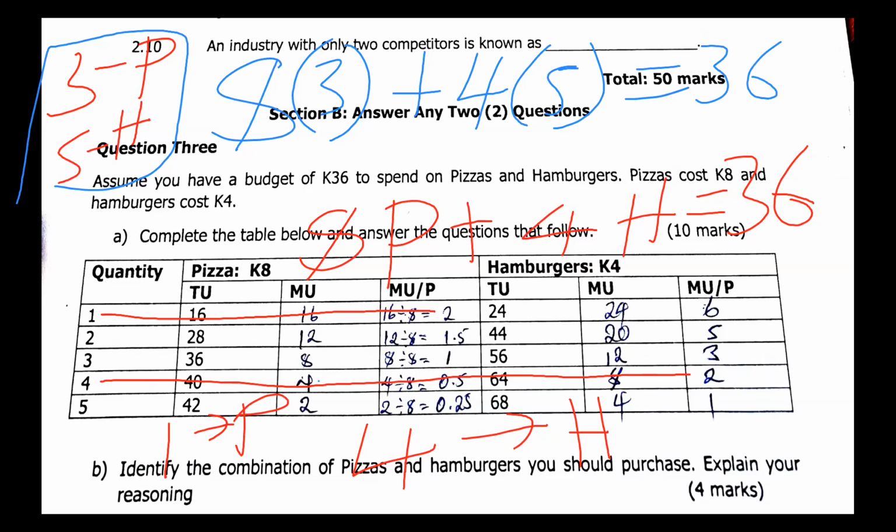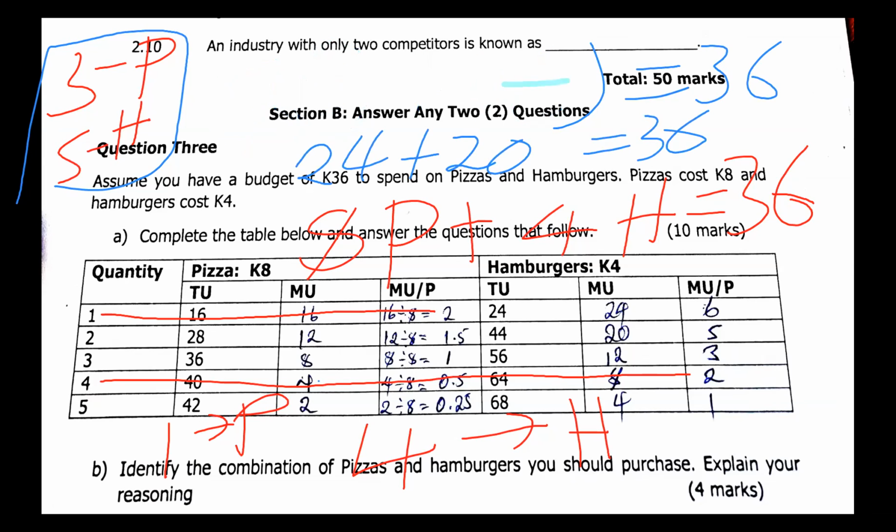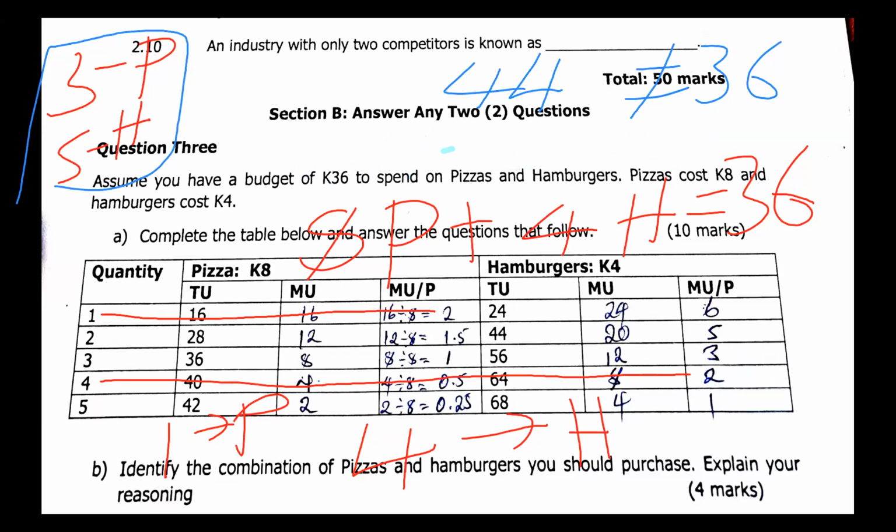When you add 8 times 3 is 24, right? This is 24 plus 20 equal to 36. When you observe, you understand that the first part will be 44, right? And if you check, 44 does not equal 36. Why doesn't it equal? Now, what does it mean if it says it's not equal?